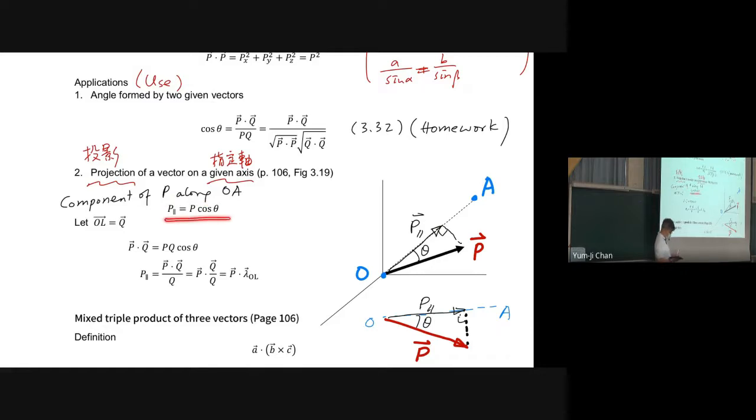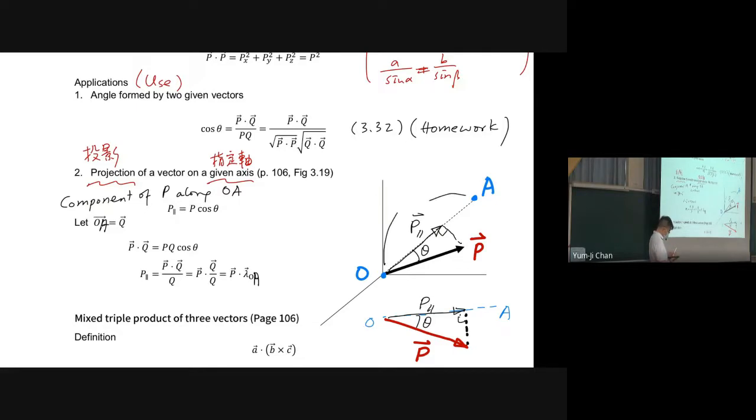Now we want to determine this quantity, and the method to determine this is we assume the length of OA is equal to Q. It can be of any length.